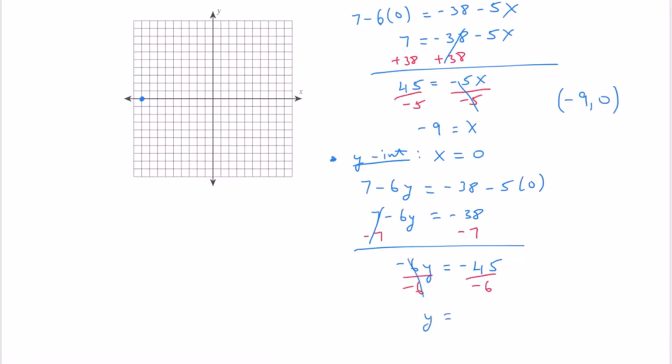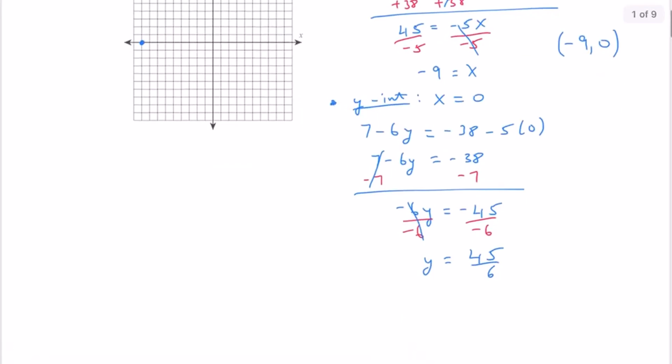So y is 45 over 6. Simplify the fraction. Divide both by 3. And we have y is 15 over 2. So this y-intercept is the point 0, 15 over 2, or 0, 7.5.